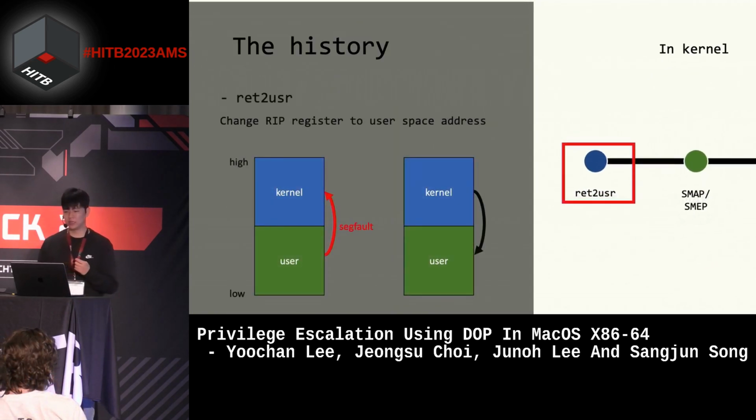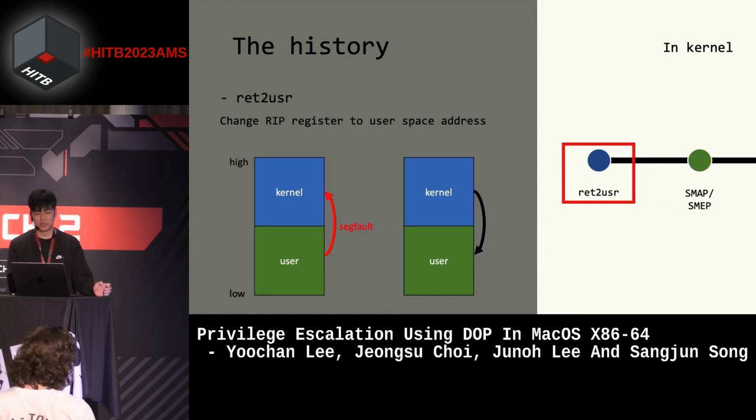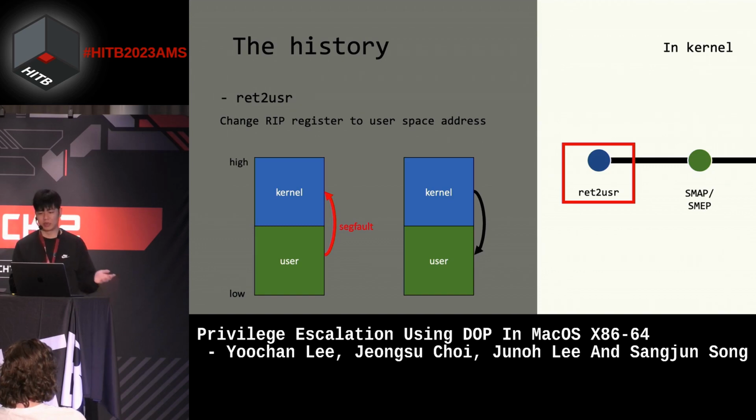The first one is return to user. Back in the day, the user memory address space and the kernel memory address space were not separated, so user area memory was accessible when code was executed in the kernel area.